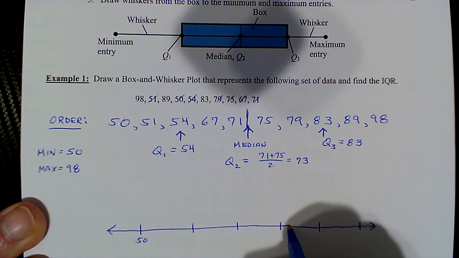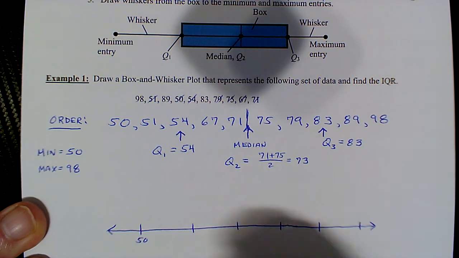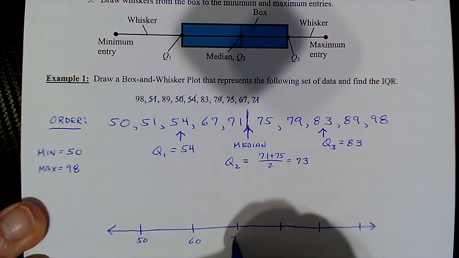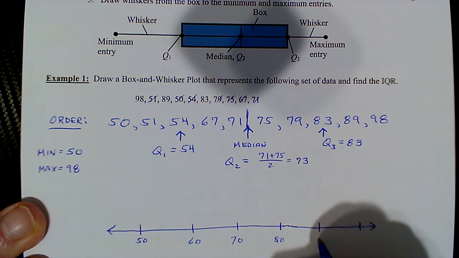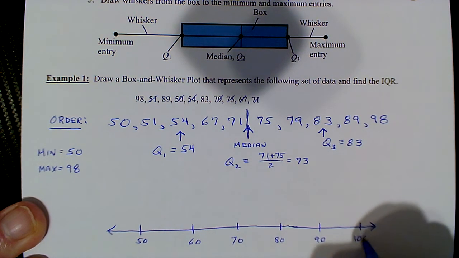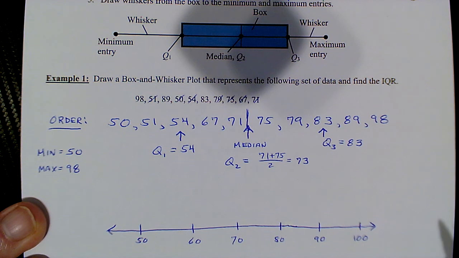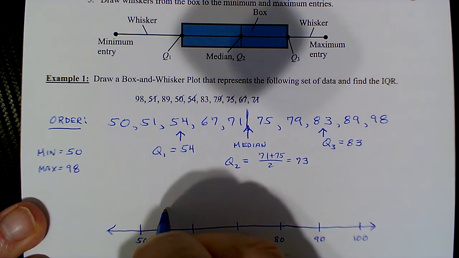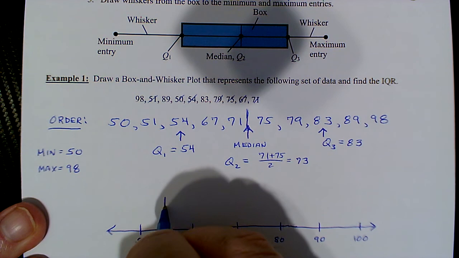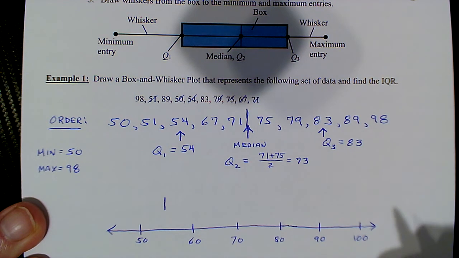Okay, I like to start by creating the box first. So Q1 is 54. Somewhere about here I'm going to put the left end of my box. And then Q3 is 83. So right around here will be the right end of my box. And I'll just make that rectangle.